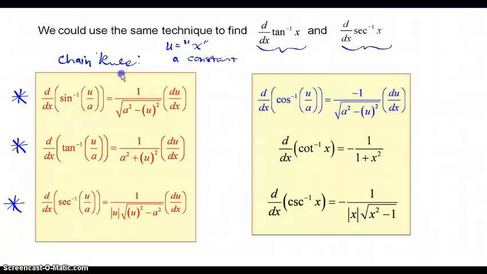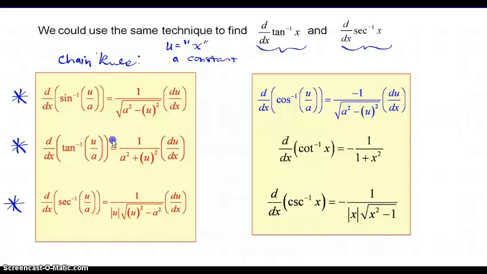For us a while ago, the expression u was x and the constant was 1, so we wound up with 1 over the square root of the quantity 1 minus x squared. But in case that's not the case, the chain rule form is 1 over the square root of your constant squared minus your expression in x squared. That's the derivative of the outside not changing the inside, and then times the derivative of what's inside. We developed that one so you can see all the pieces there.